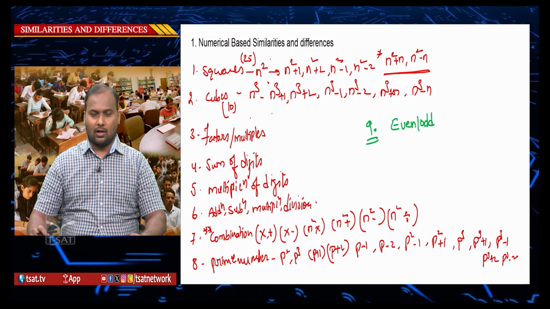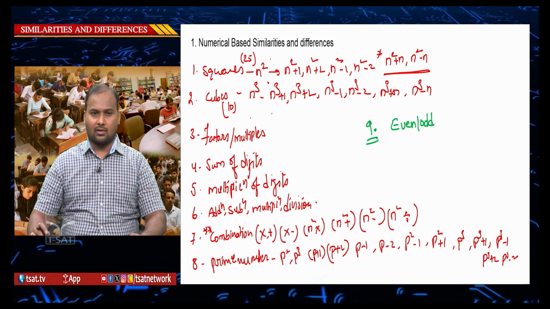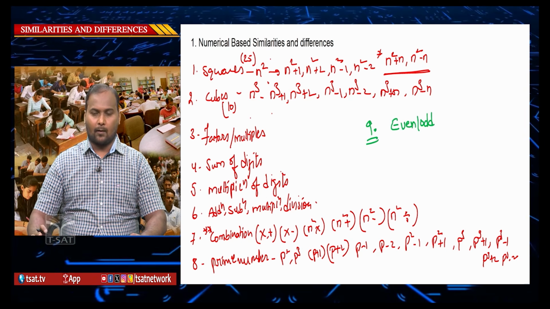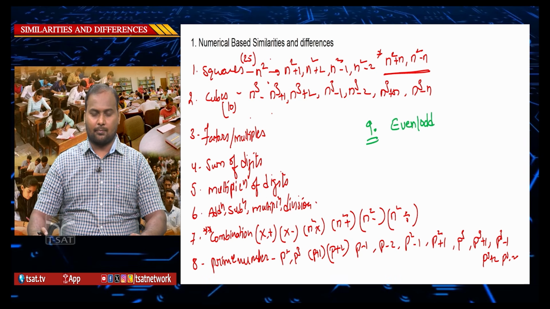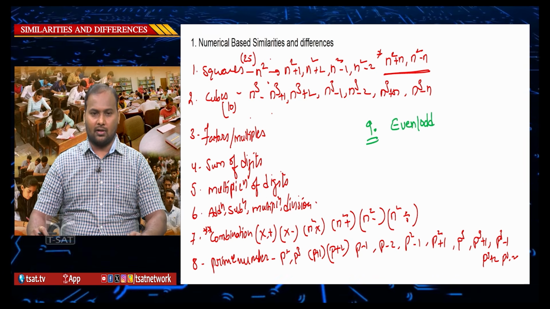To answer these questions, the student has to be thorough with squares, cubes, factors or multiples, sum of digits, multiplication of digits, or simple additions, subtractions, multiplications and divisions, followed by different combination questions.